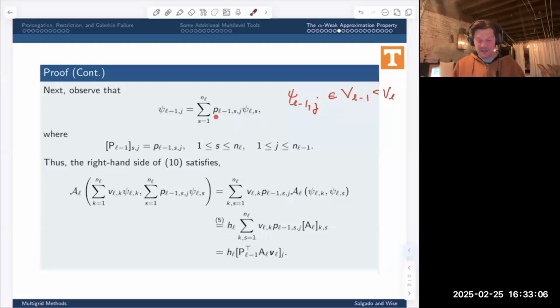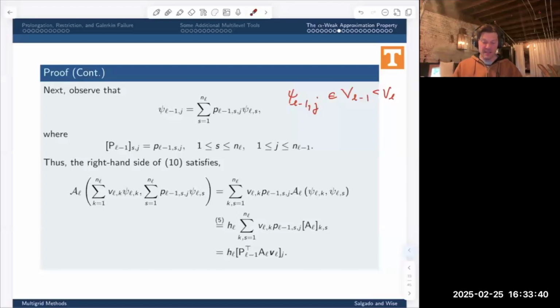And then these coefficients are just equal to the elements of the prolongation matrix. In other words, the element of the prolongation matrix PL minus 1 in the sth row and jth column is just equal to that object there. Now, remember, this matrix is tall and thin. It has more rows than it has columns, and so that all makes sense.